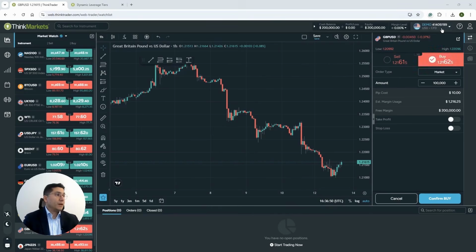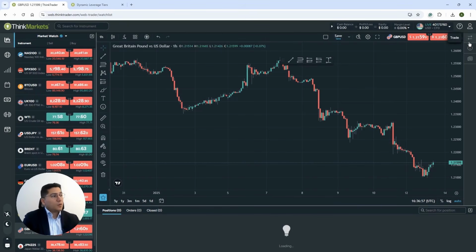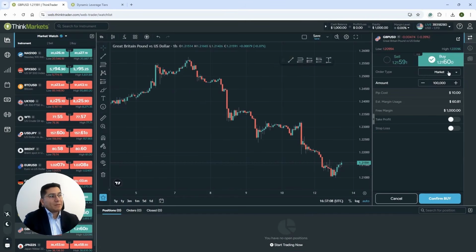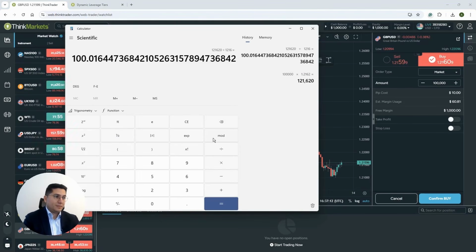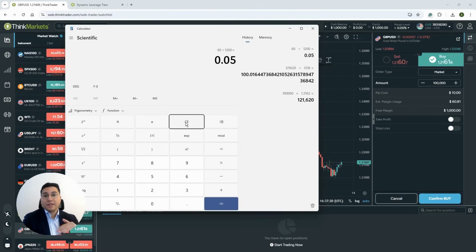Now, what if I would switch to an account with dynamic leverage? With dynamic leverage, to open the same position, I only need to deposit $60. 60 out of 1,200 roughly, that's only 5% of the original amount.